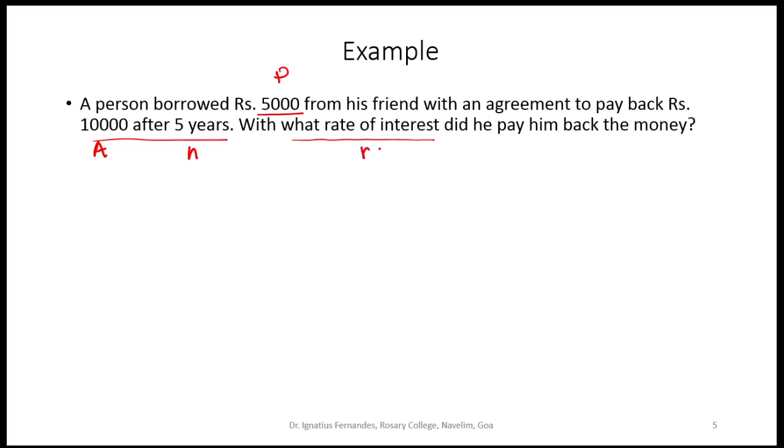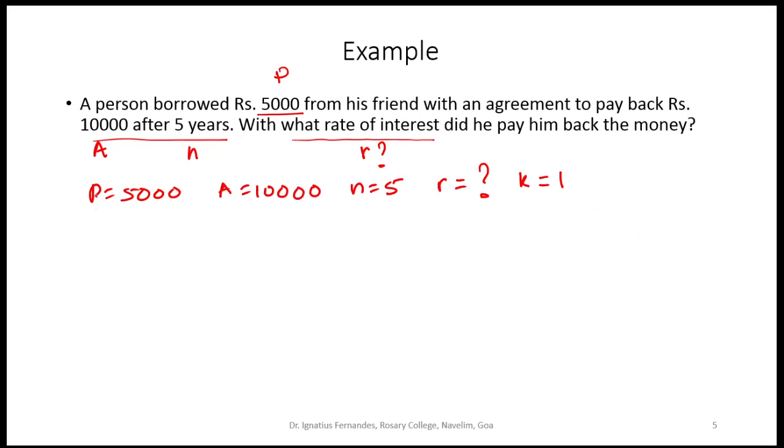So we are finding R. So P is equal to 5,000, A is equal to 10,000, n is equal to 5, and R is what we are finding. By default the interest is compounded annually if it is not specified.